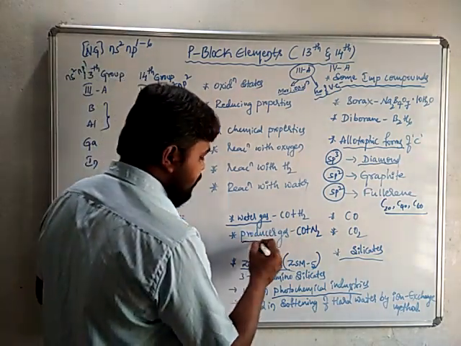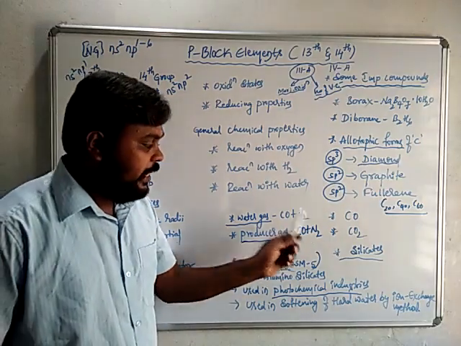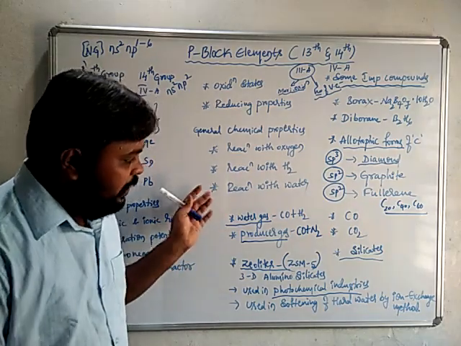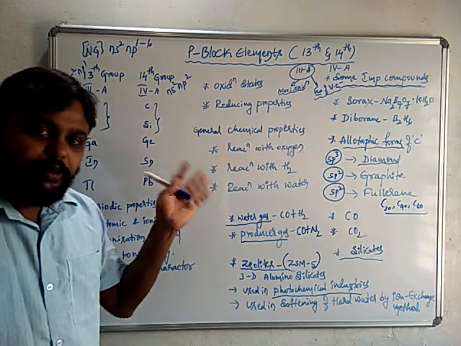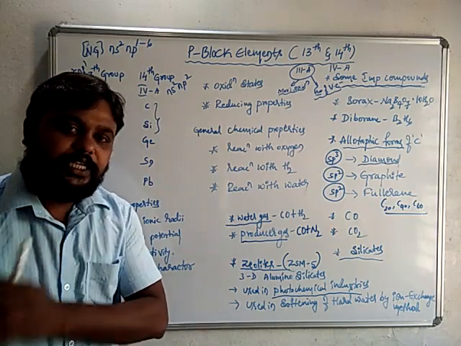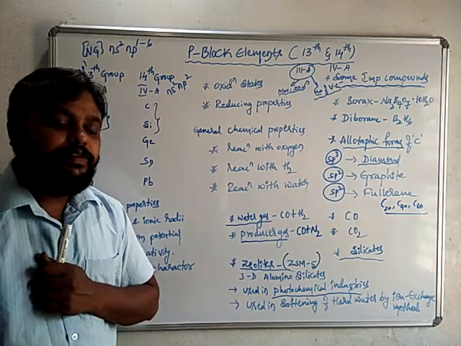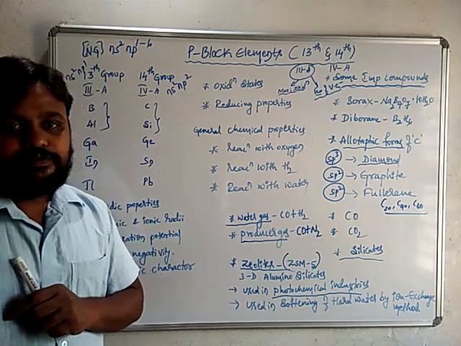Apart from that, one more mixture here is producer gas. A mixture of carbon monoxide and dinitrogen gas is called producer gas. So these are the various points regarding 13th and 14th group. We still have one more part of the p block elements, that is groups 15, 16, 17, 18, and we will discuss that in the next class itself. Let me see some questions regarding 13th and 14th group now.